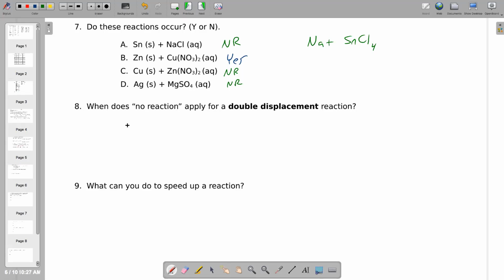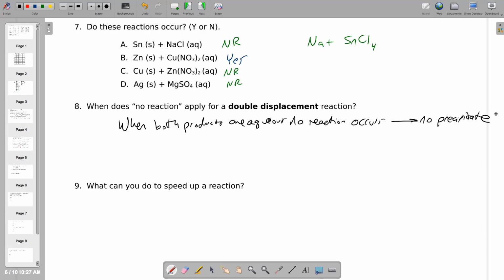So no reaction occurs, you can just say, when both products are aqueous, because when you write the total ionic equation or the net ionic equation, everything disappears for the net ionic equation. No reaction occurs. There's no precipitate.